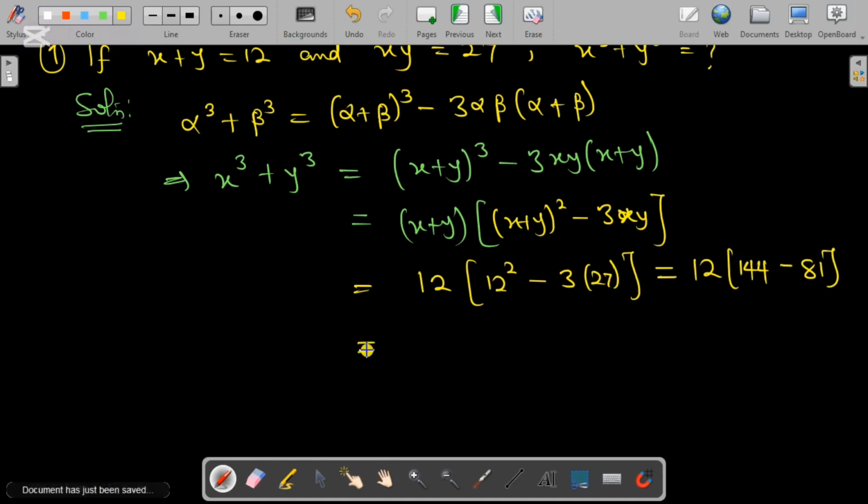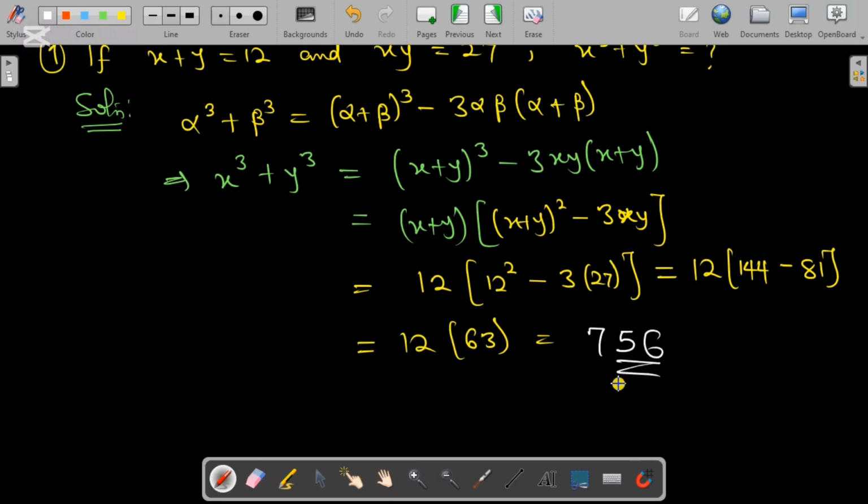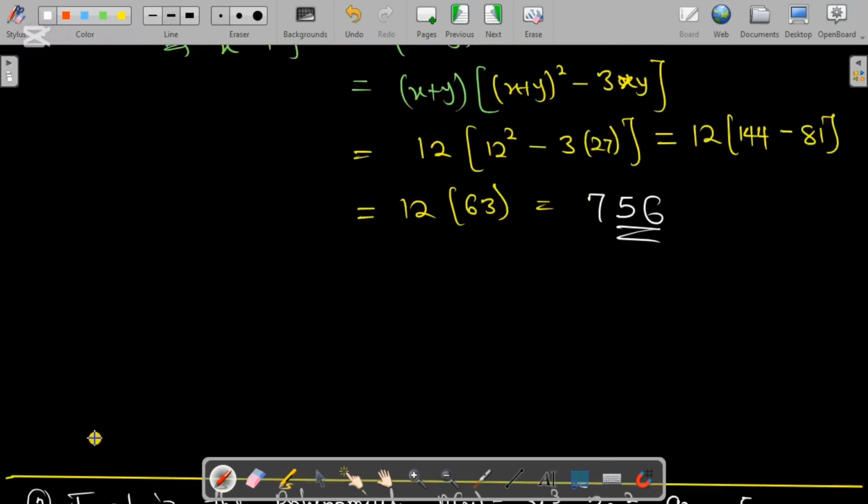So this is going to give us 12 multiplied by 144 minus 81, which is 63. By the time you do that multiplication, your final answer is going to be about 756. If you use your calculator, that will give you that. Okay, and that's for number 1.